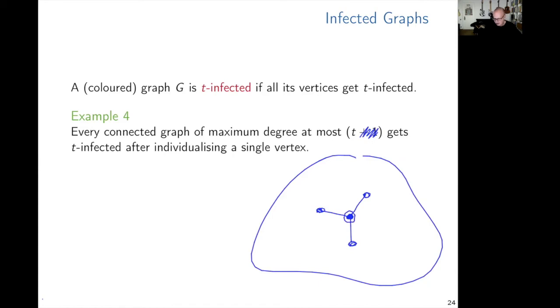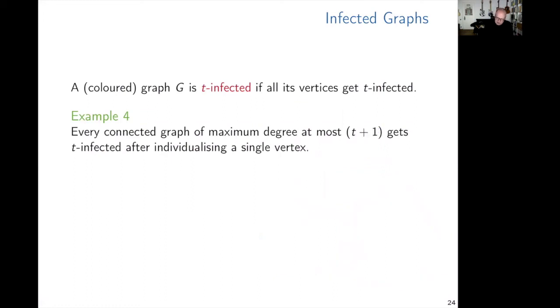Then these 3 will end up in their own color class, maybe even smaller, but we certainly have a color class of size 3. So in the next round, these will all get individualized. So they may get colors like this. And now as this spreads, all vertices get infected. Okay. So this is certainly so if we allow individualizing a single vertex, and in the end we can always do this, we can try all possibilities.